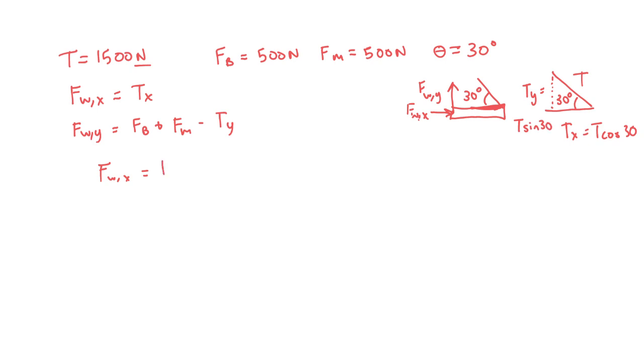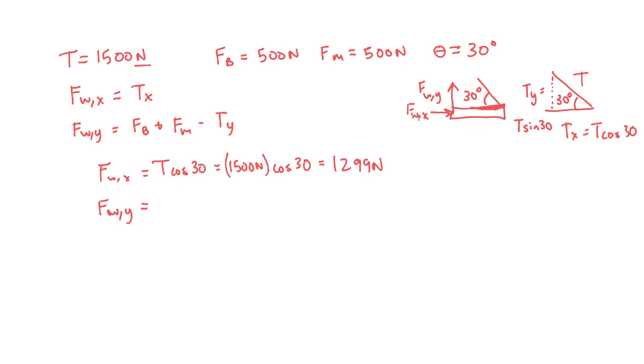So T cosine of 30 is equal to 1,500 newtons times cosine of 30, which is equal to 1,299 newtons.